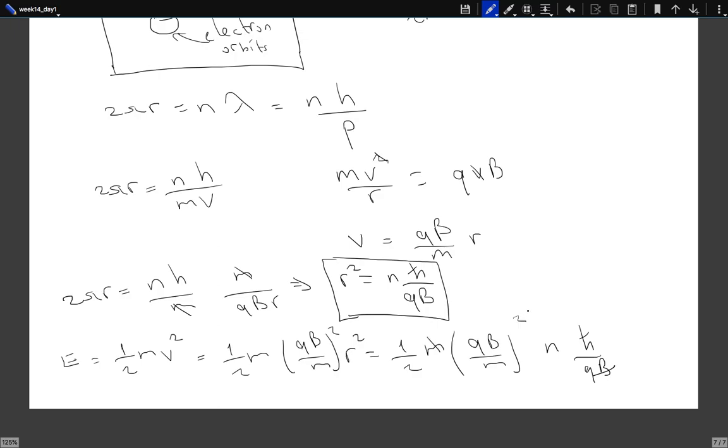So the qB and m cancel one of these, so the energies of the states of these electrons are quantized. ħ.